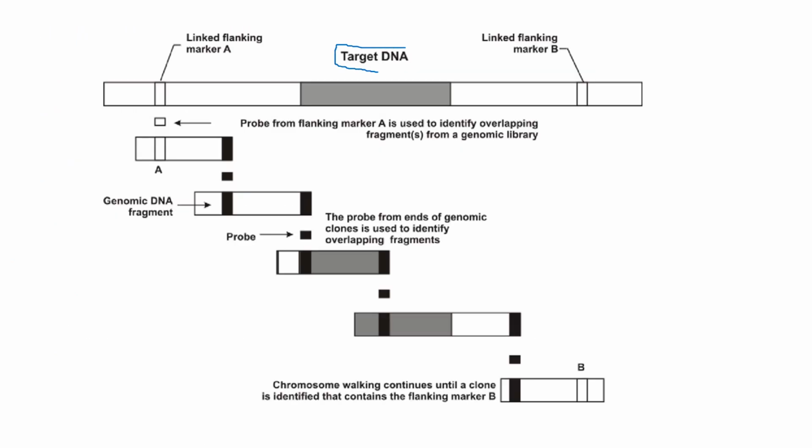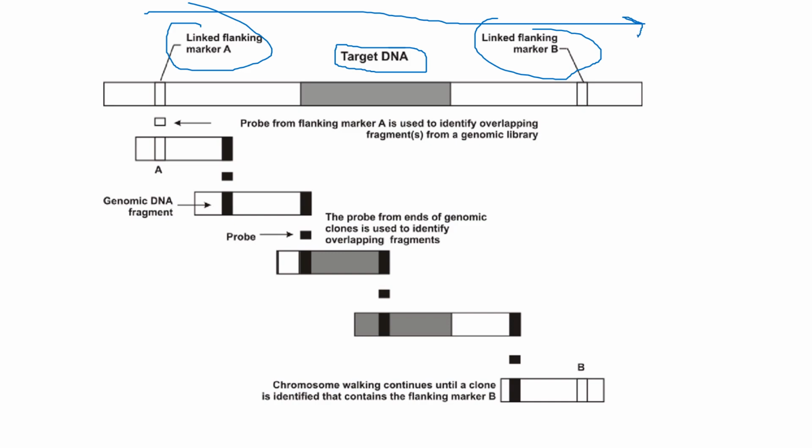Suppose this is the target DNA that you want to characterize, and this target DNA is flanked by two markers, A and B. Now we will start chromosome walking in this direction. So you already know a molecular marker A present at the 5 prime end of this target DNA, and you have already prepared a gene library from this DNA, right?